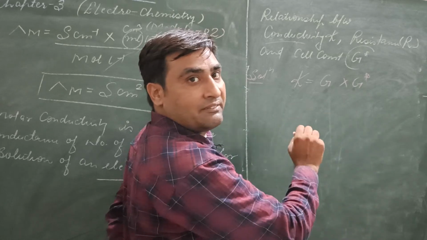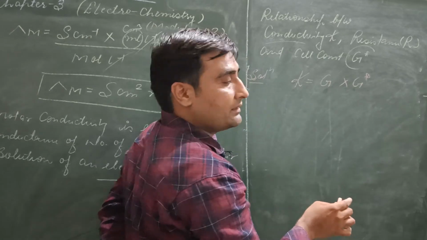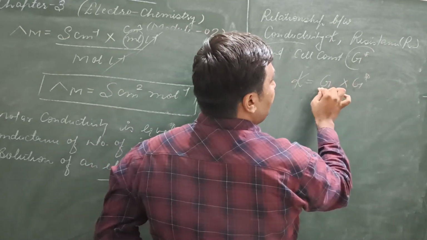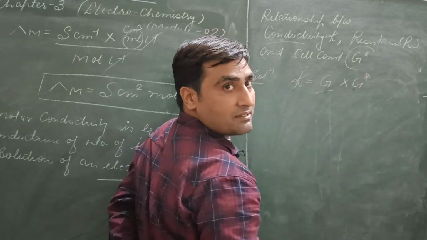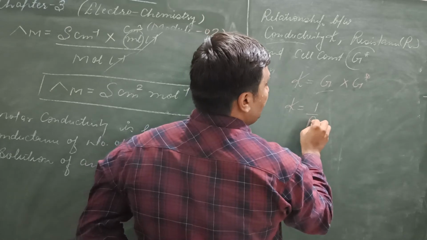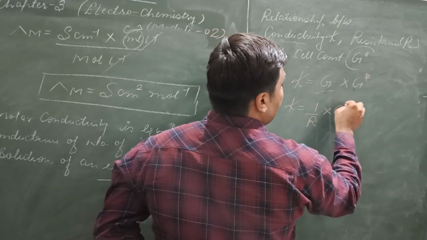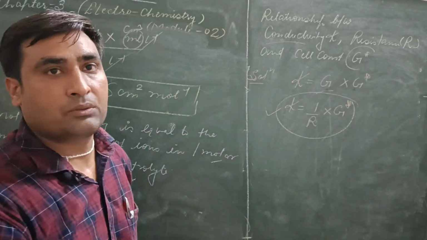Here we are having conductivity, resistance, and cell constant. Instead of conductance, we are having resistance. So kappa equals 1 by R into G star. So this formula will be applied for this particular aspect.